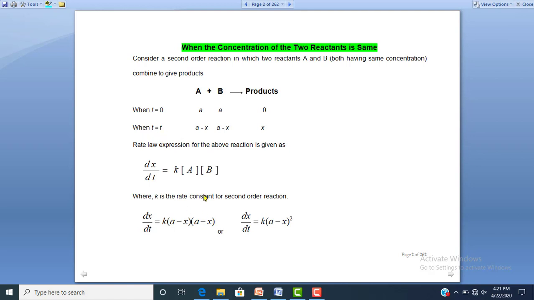And the concentration of B is also a minus x because after time t seconds, the concentration of reactant B will be a minus x. So the overall rate of reaction will be dx over dt is equal to k into (a minus x) squared.